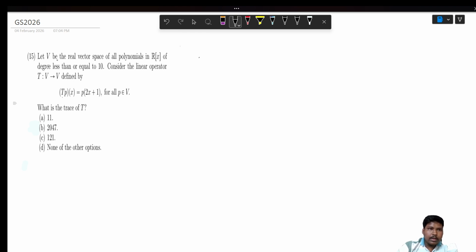आज हम लोग TIFR का एक और linear transformation related question solve करने की कोशिश करेंगे। So here, given that let V be the real vector space of real polynomials in R[x] of degree less than or equal to 10. That means V is a vector space of polynomials p(x) such that degree of p(x) is less than or equal to 10.